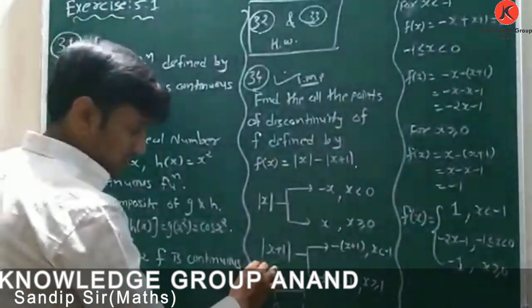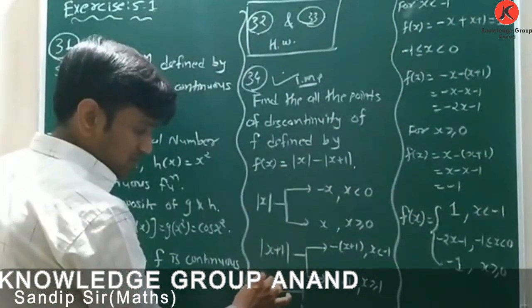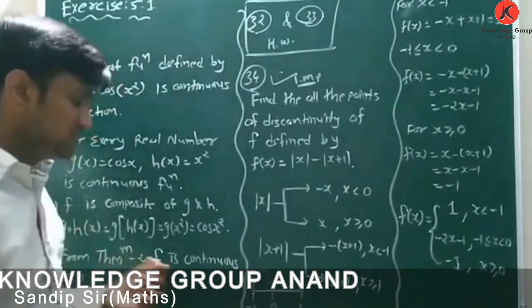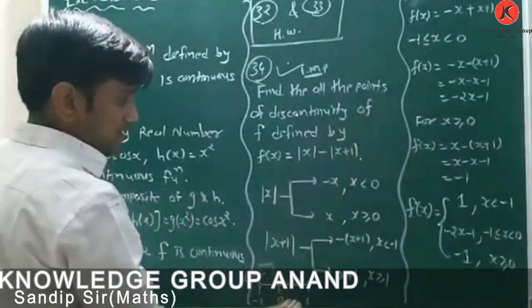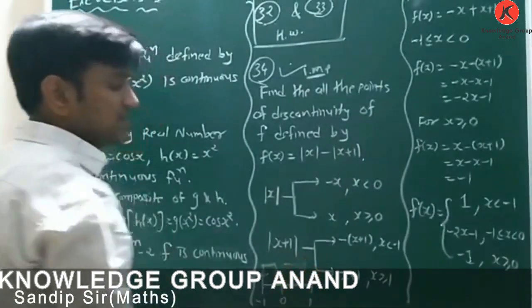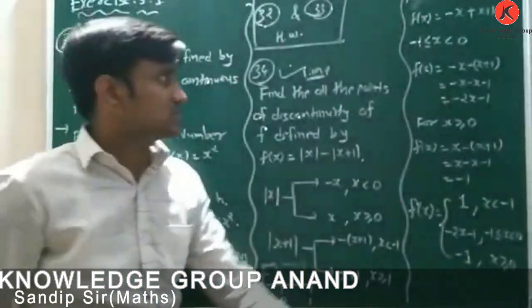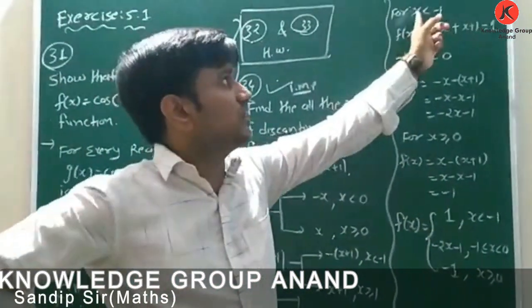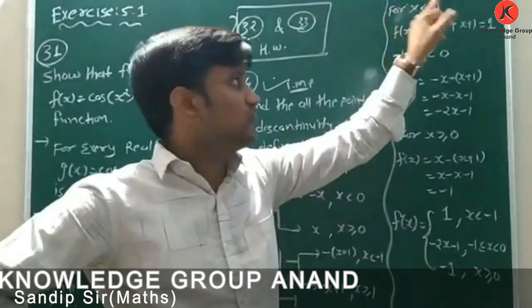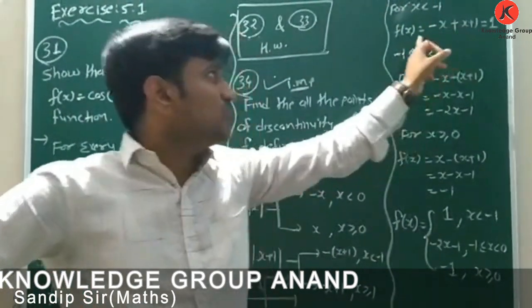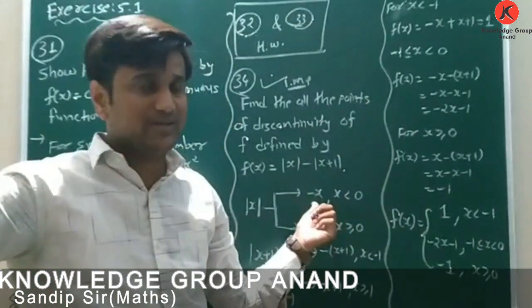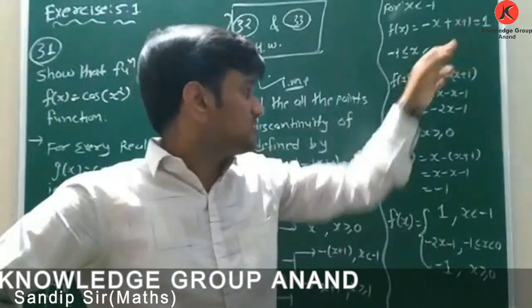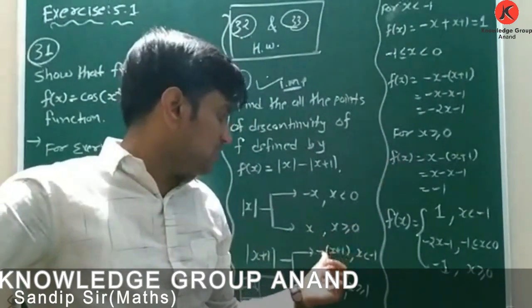Second, what is the answer if the value of x is between −1 and 0. Third, what is the value if x is greater than 0. That means you have to consider three cases. For x < −1, |x| is converted to negative, that means −x, and |x + 1| is also negative.